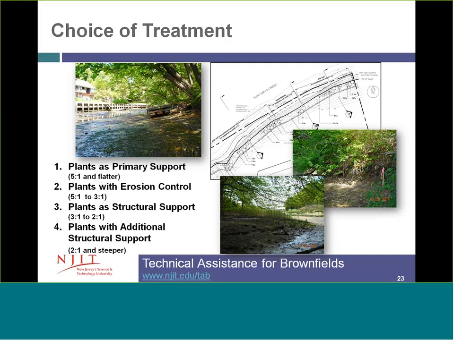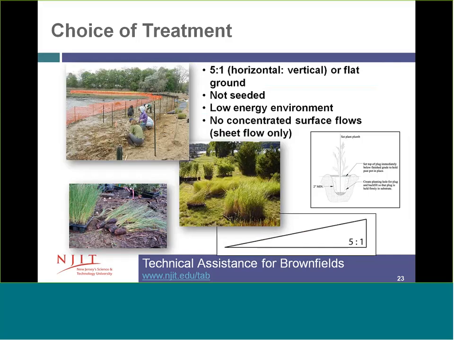Another case is plants themselves can actually be used for structural support. And the last case is on steeper sections, more headland situations. You can use plants and structural materials as hybrid type of living shorelines. I'll go through them one by one.